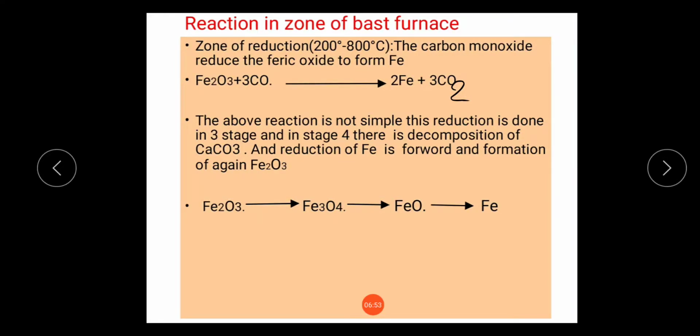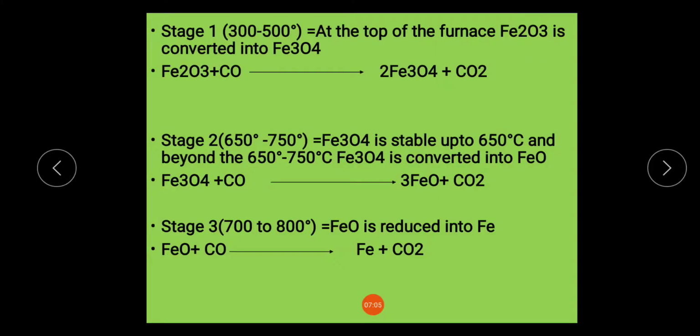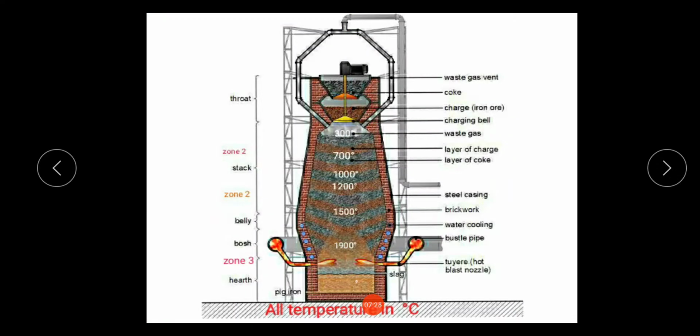Let's discuss the zones and steps which are present in the zone of reduction. Let's discuss in detail. First, we learn stage 1, and the temperature of this stage 1 is 300 to 500 degrees Celsius, approximately from this point to nearly this point.